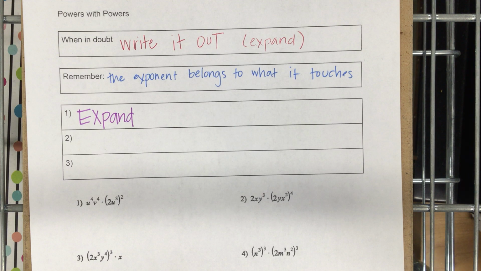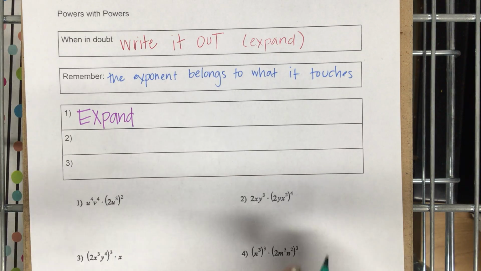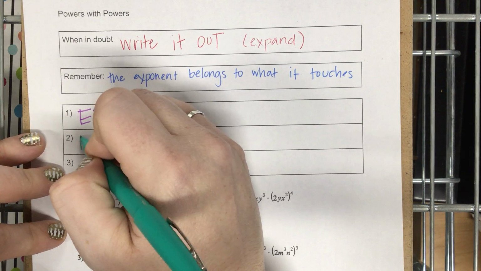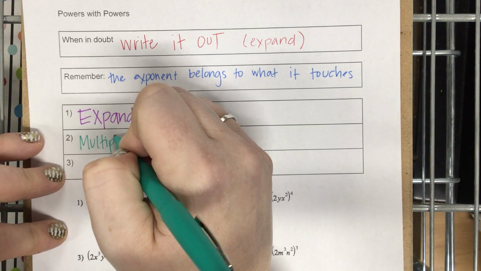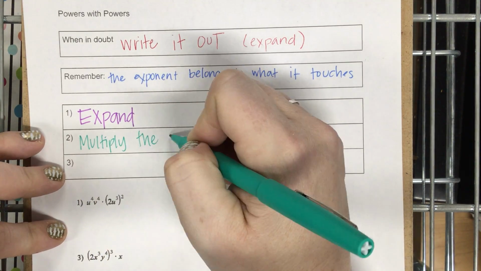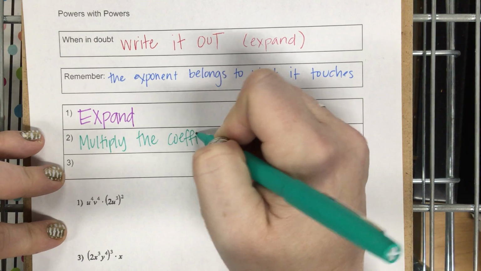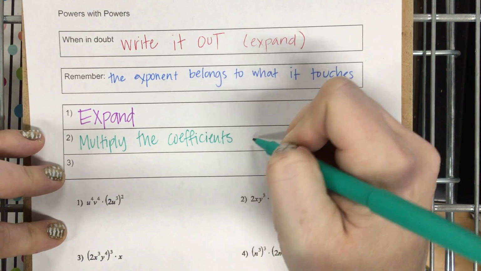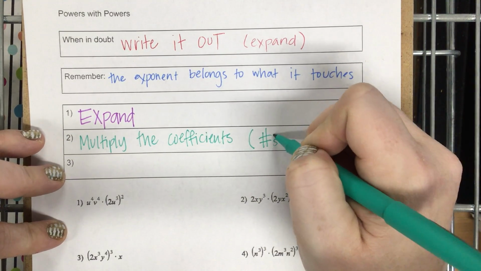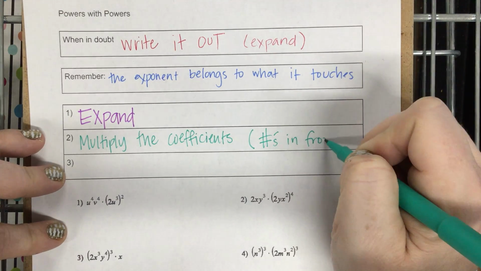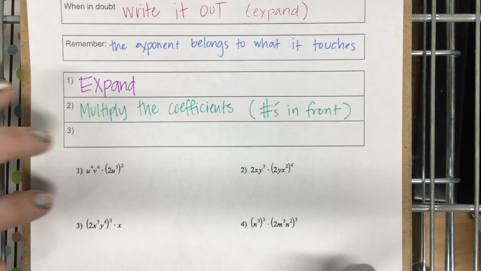And then last week we discovered this trick. Instead of having to count everything and move everything around, we multiply the coefficients, the numbers in front. We multiply the coefficients.